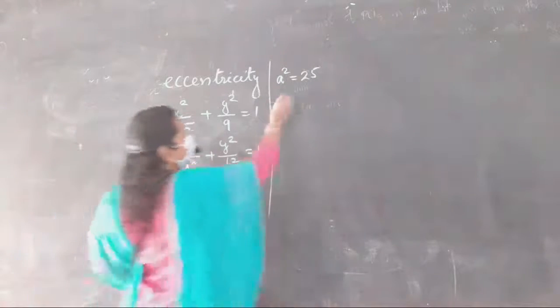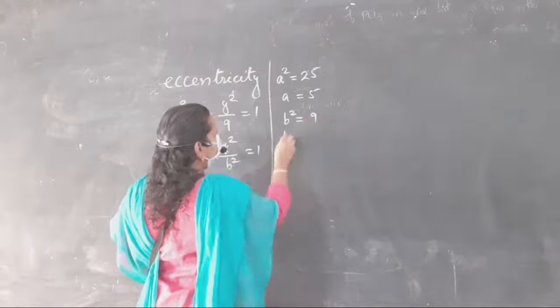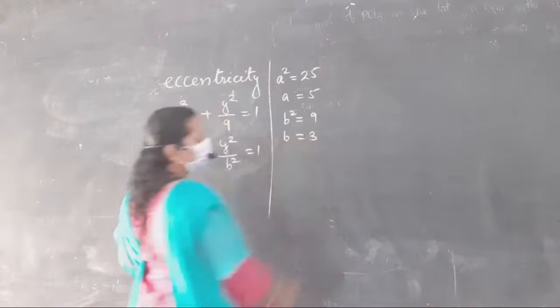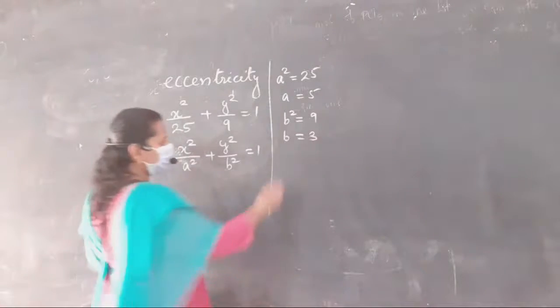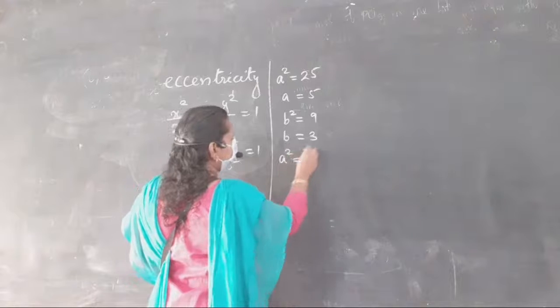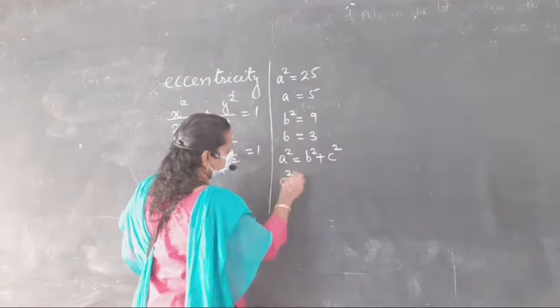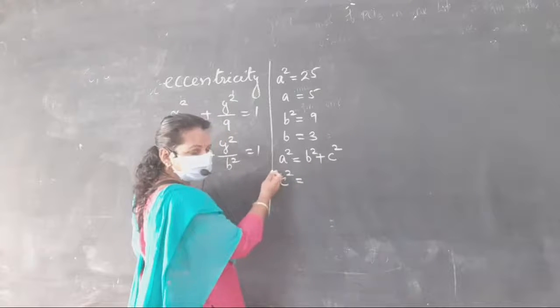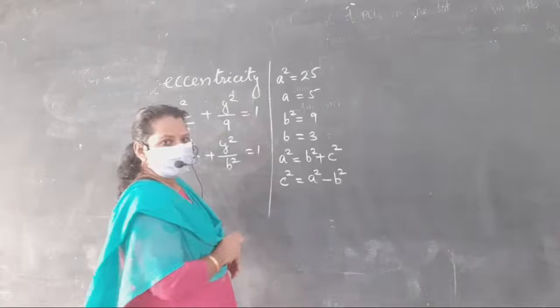a equal to 5. b square equal to 9. b equal to 3. And what's the relation between a, b, c? a square equal to b square plus c square. From this, c square equal to a square minus b square.